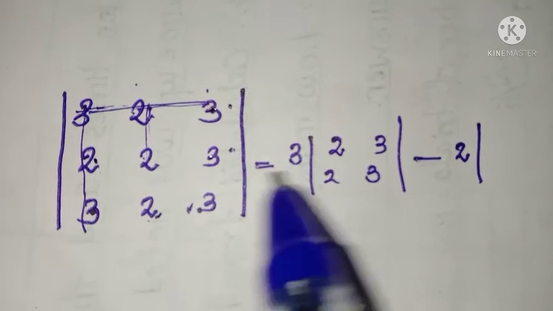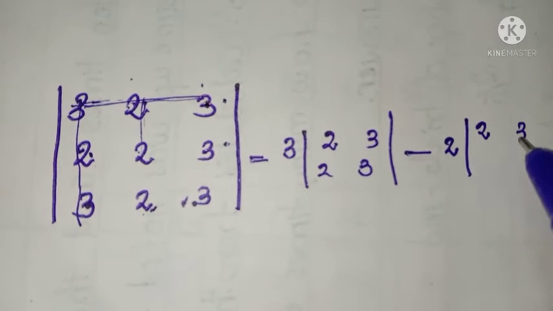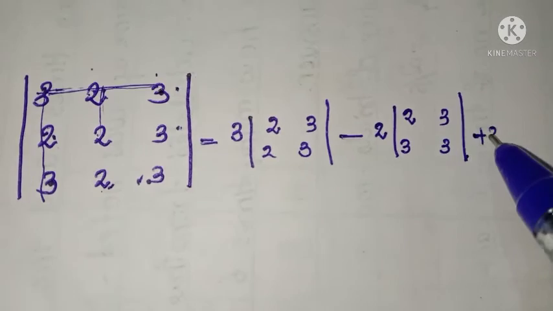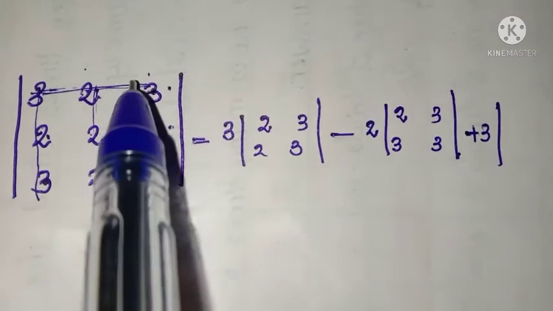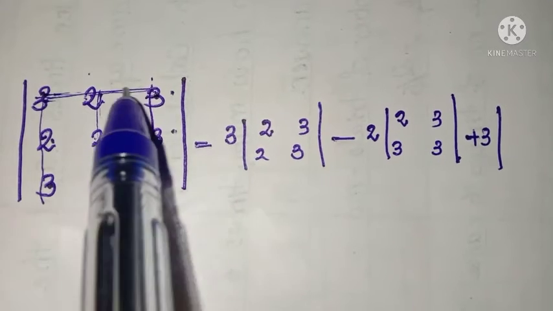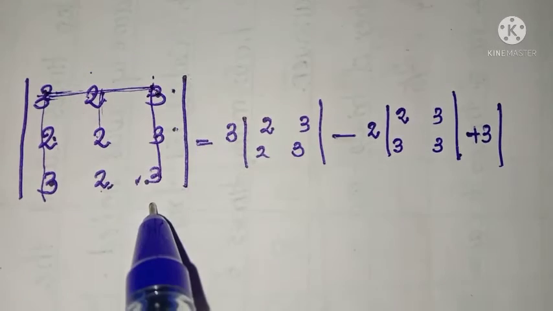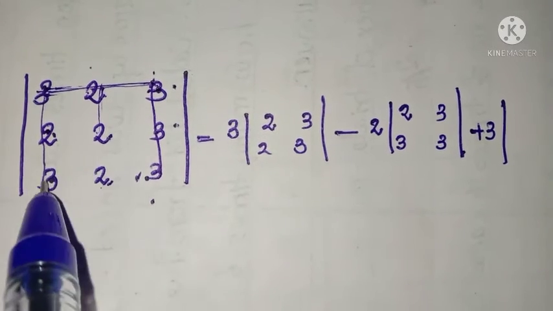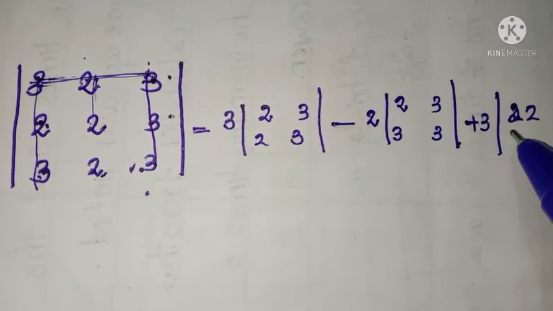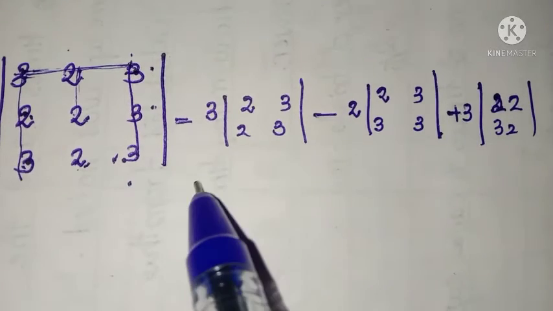Then the remaining elements are 2 3, 3 3. Plus 3 into the determinant. 3 belongs to the first row, third column. So exclude the first row and third column, we get 2 2, 3 2. Now find the determinant.